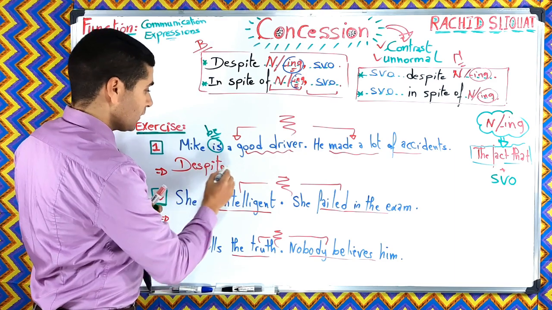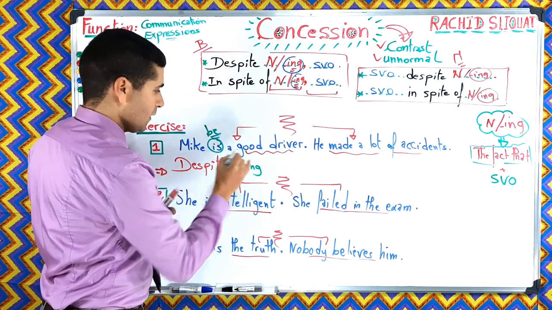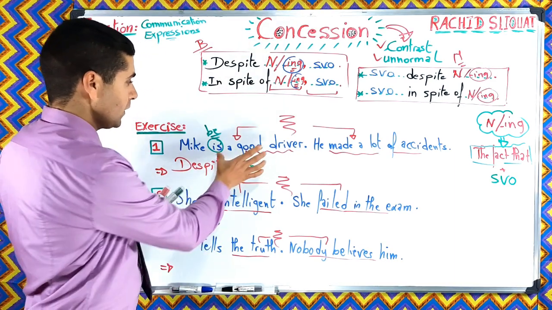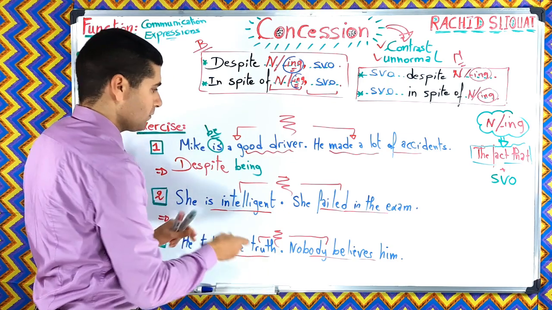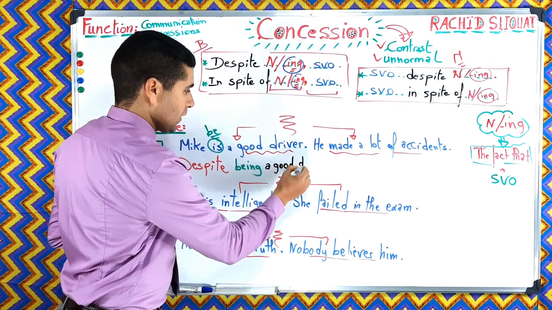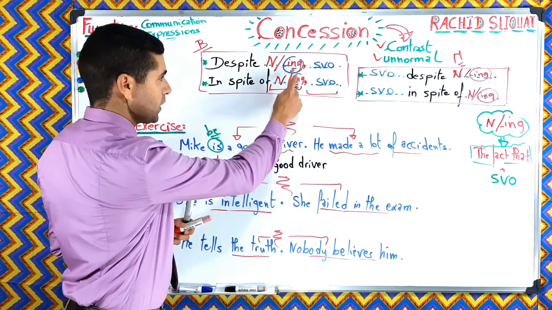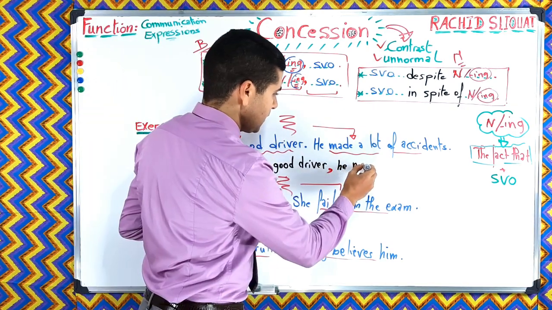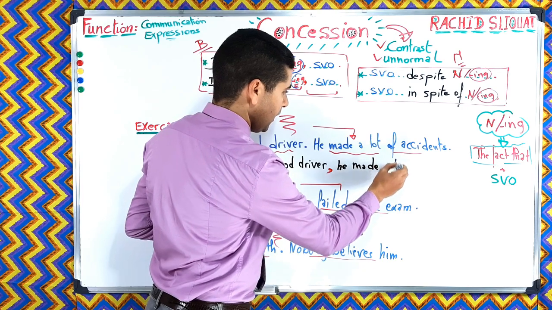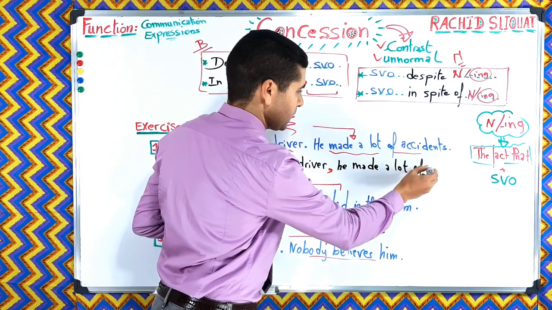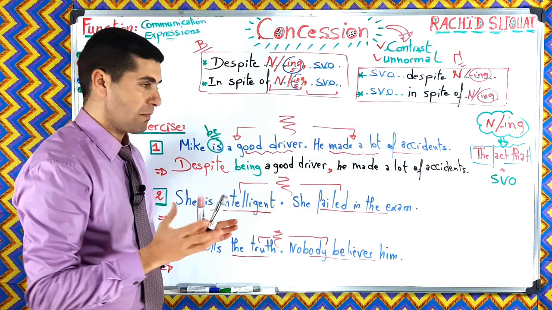So we can say despite being, so despite being what? Being a good driver, despite being a good driver. Now here we have comma, he made a lot of accidents. Despite being a good driver, he made a lot of accidents.